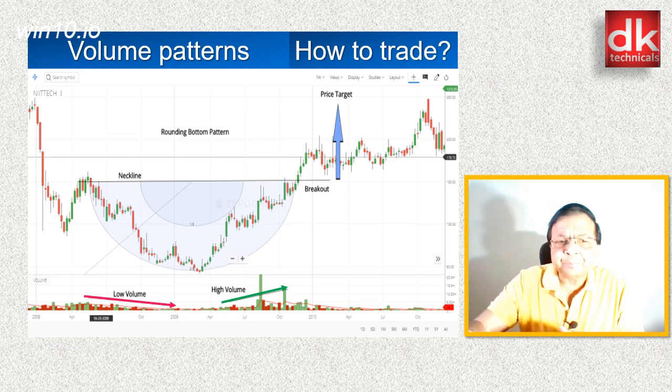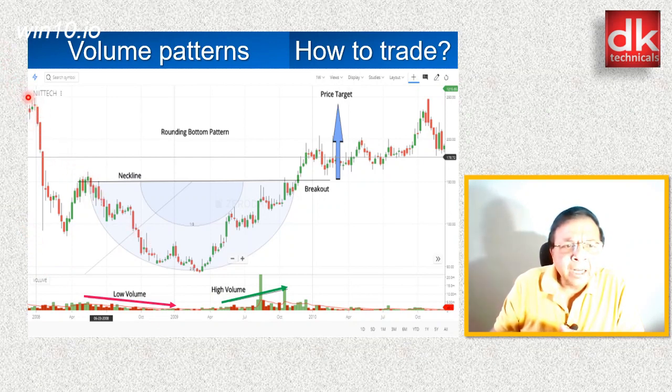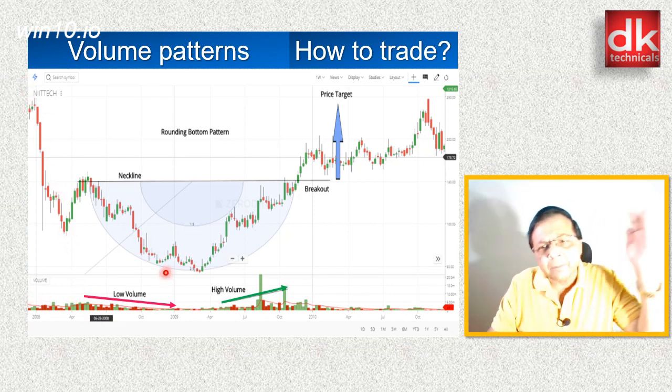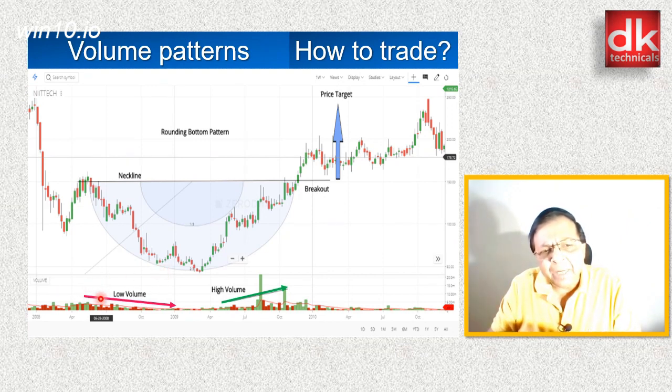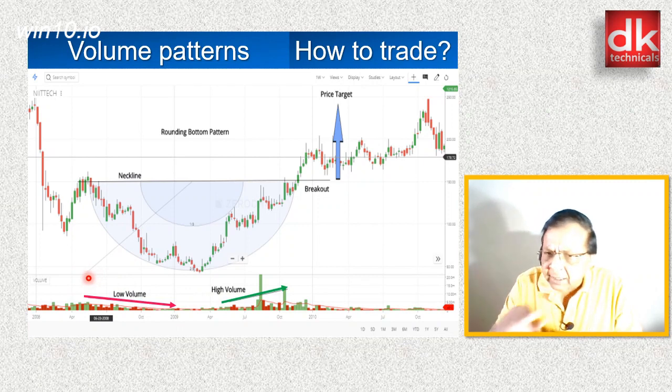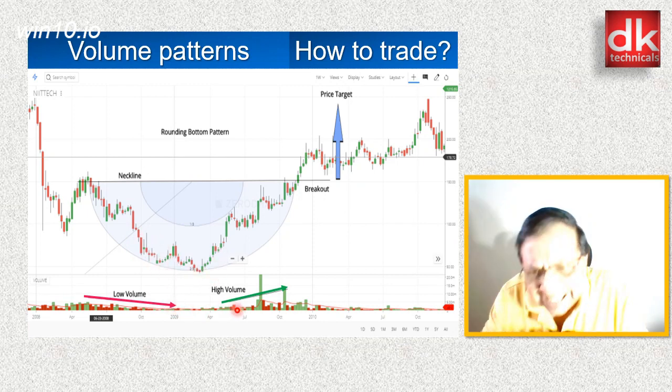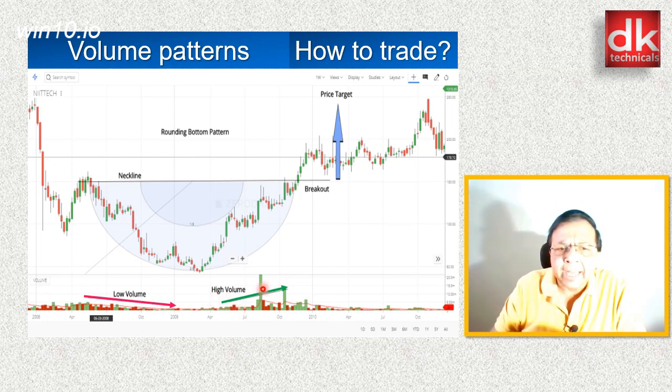So you will find that the volume is like, when this portion is getting formed, when the market is downtrending, here it starts falling vertically, so you'll find there is a substantial rise in the volume, and then finally during the process of downtrending move in a markdown phase of the market, volume gets a depleting effect. It starts reducing, and then finally when the market is making the bottom, the volume is almost very less, and then suddenly volume starts rising when the market starts showing the reversal on upside move.